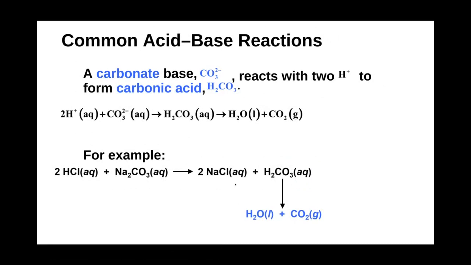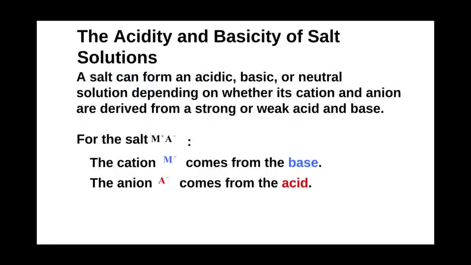So we're looking at things that are salty, right? Sodium chloride, salt. Now, the acidity of these salt solutions is kind of interesting. A salt can form an acidic, basic, or neutral solution depending on whether its cation and anion are derived from a strong or weak acid and base.